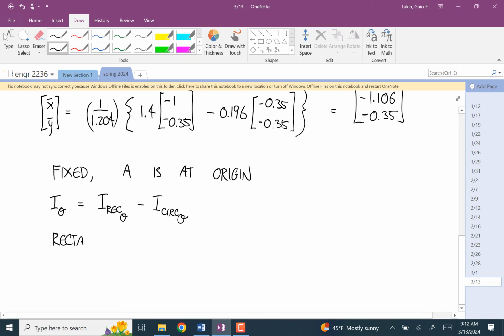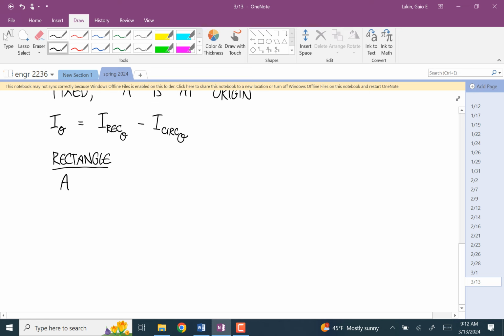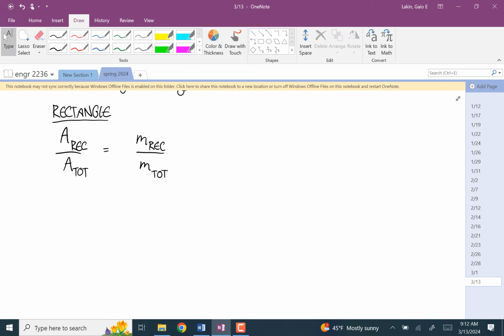Okay, so for the rectangle, we know that the ratio of the area of the rectangle to the total area is equal to the ratio of the mass of the rectangle to the total mass. And so that says 1.4 over 1.204 is equal to the mass of the rectangle divided by 50.